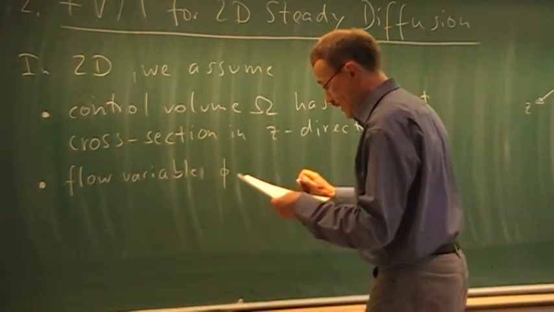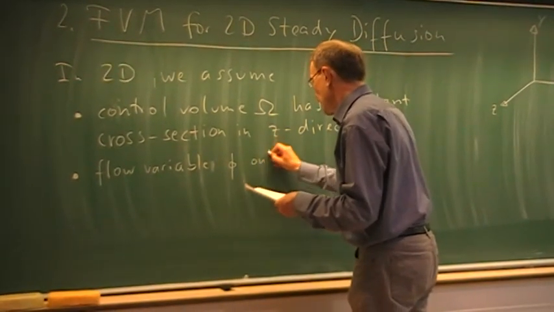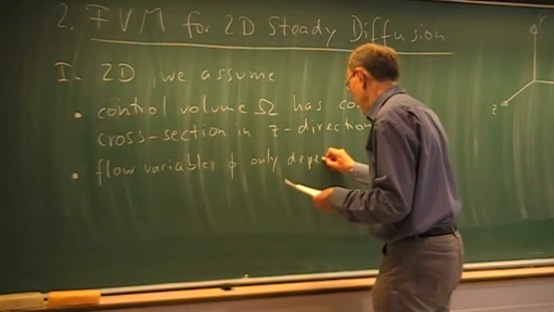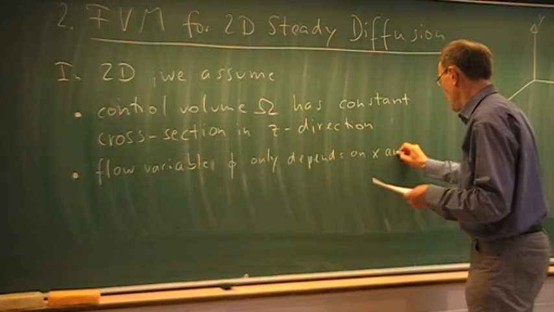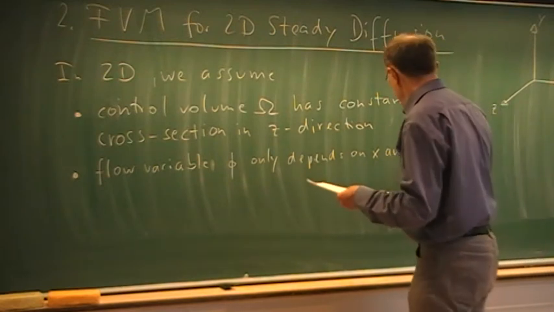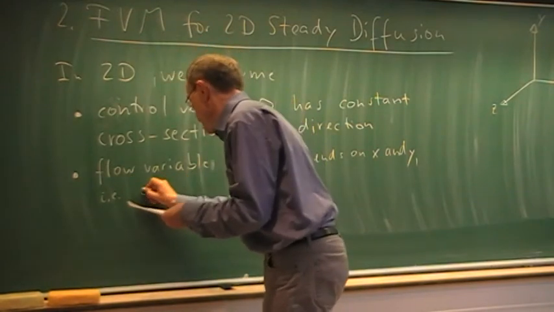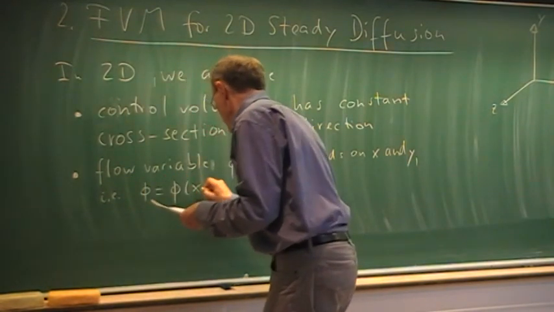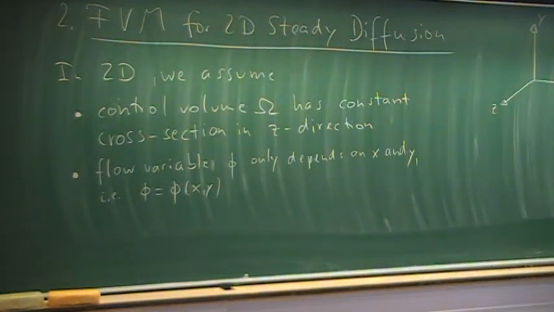We have just one here for the moment, the flow variable phi, which only depends on x and y. The time dependence was already gone by considering steady problems, and now we assume that we have no dependence on the z direction.